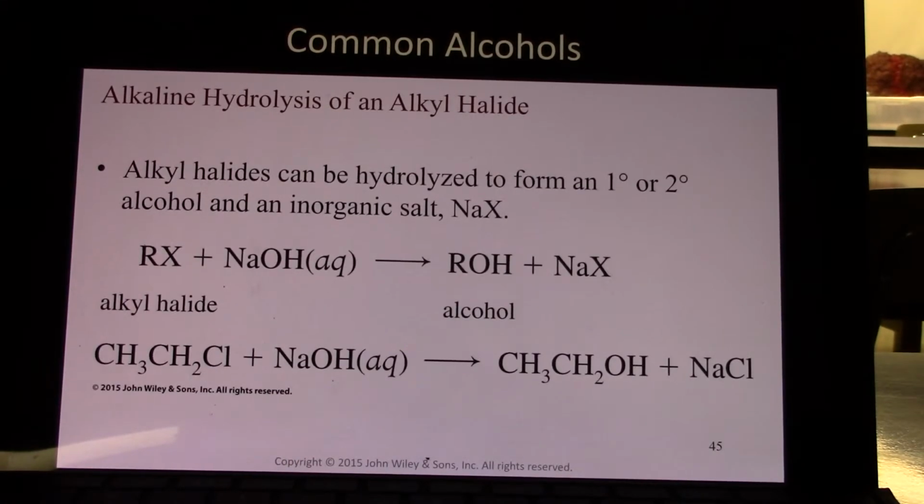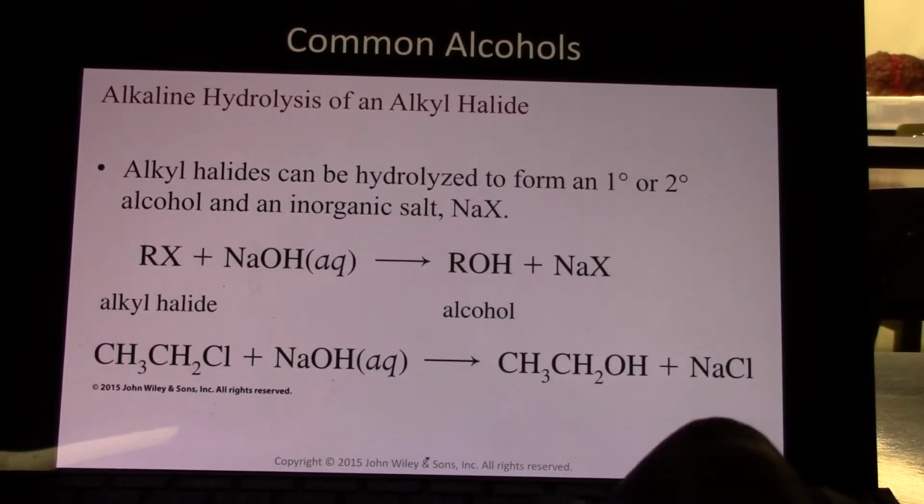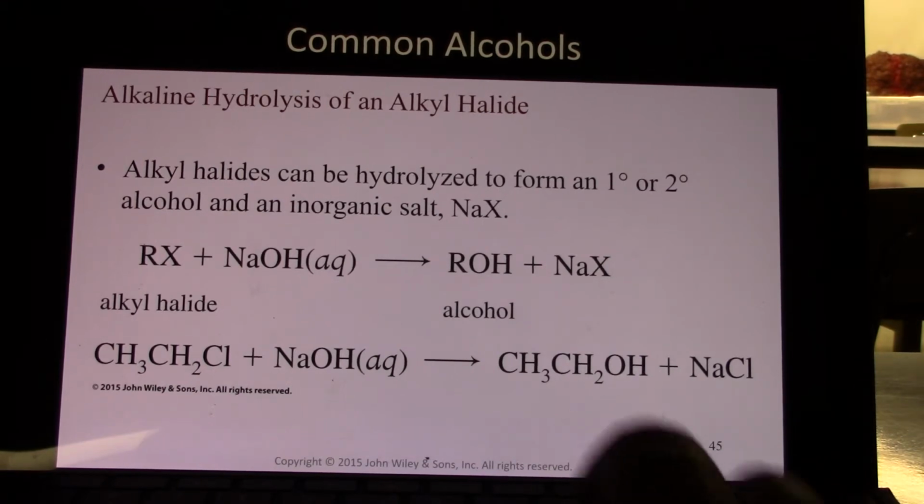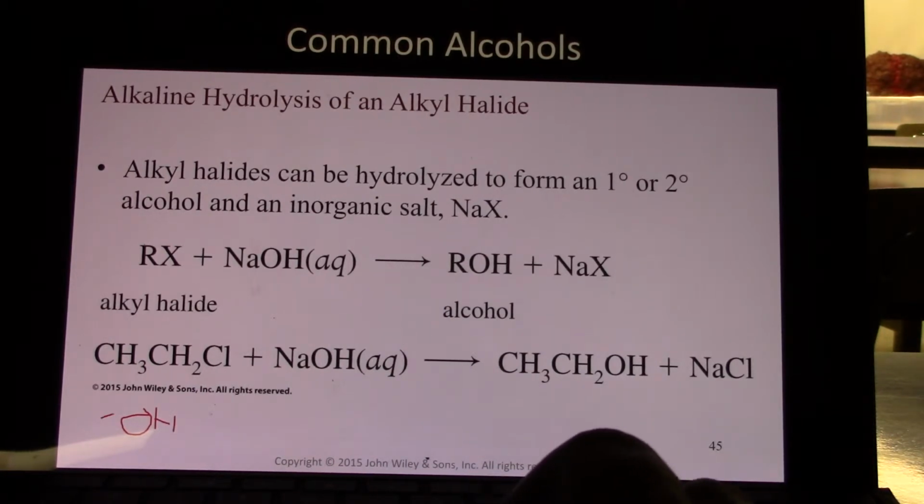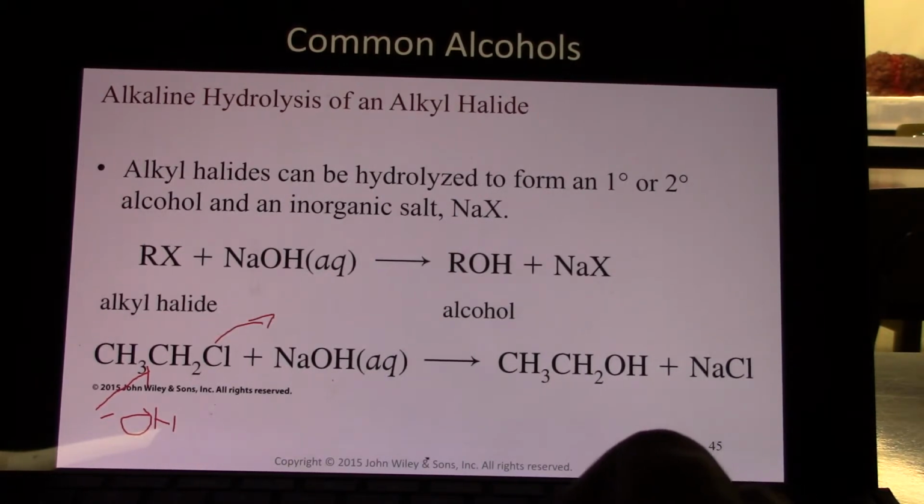They both work. So alkaline hydrolysis of an alkyl halide. In this case, our OH minus comes from the other side, slams into this carbon, kicking off that chlorine, which is exactly what happens to form the alcohol and the sodium chloride.